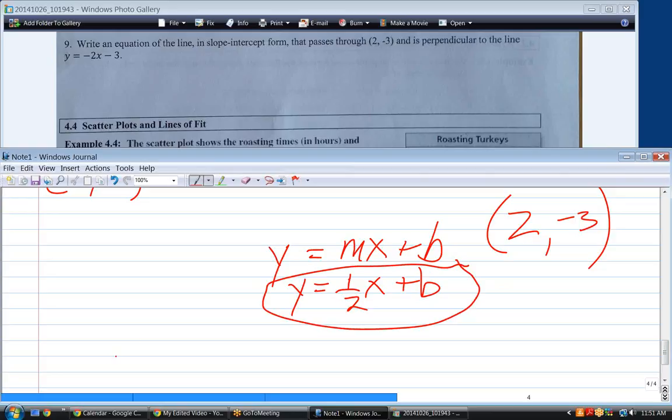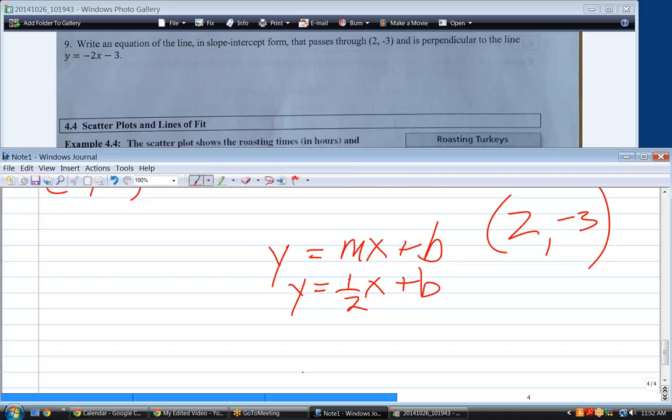Our final answer is going to be y equals some number times x plus some number. What do I not know about this line? b. So how can we solve for b? That's always the next step. Once you get the slope, the only thing missing is b.